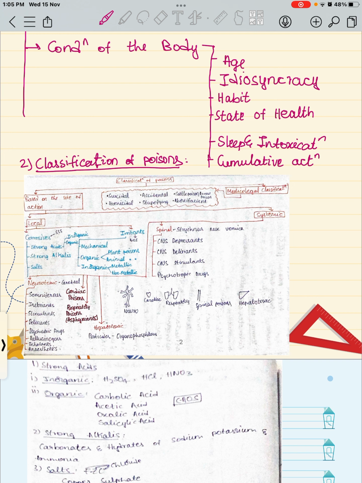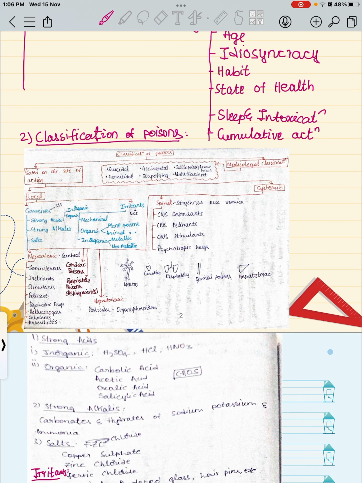The best example for cumulative action is organophosphorus poison, or any agricultural poisons. The farmers will not know that the insecticides or pesticides that they use daily will accumulate in the body for a long time and cause symptoms of poisoning.